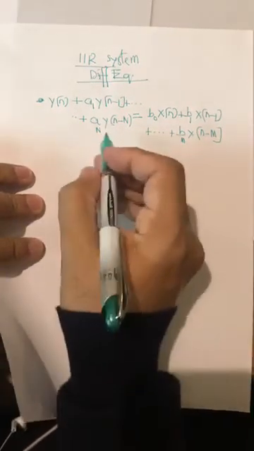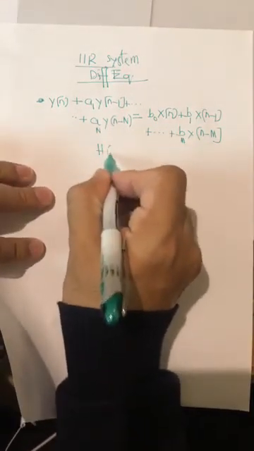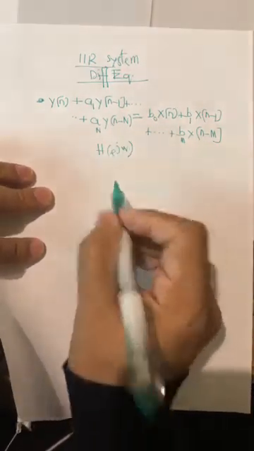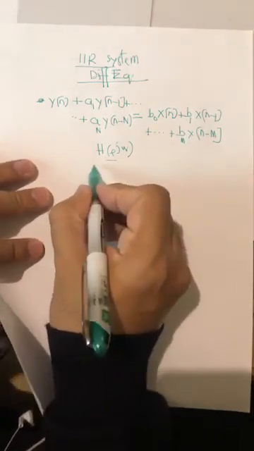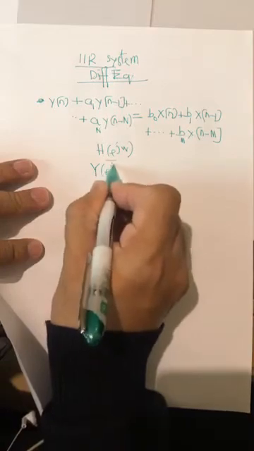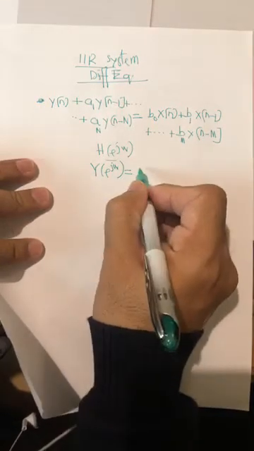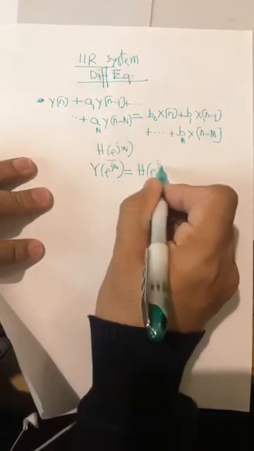So I want to know what H of e to the j omega is, whereas I know the property of convolution, which says Y of e to the j omega is actually a multiplication.